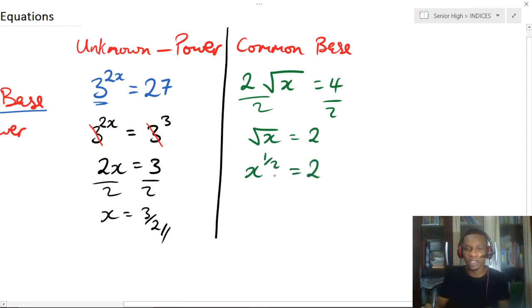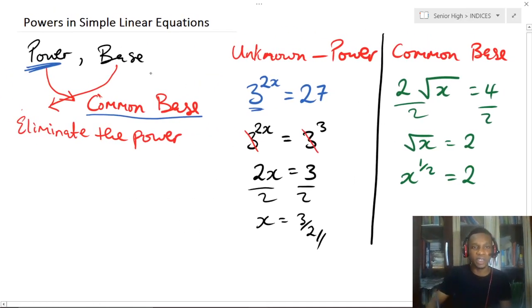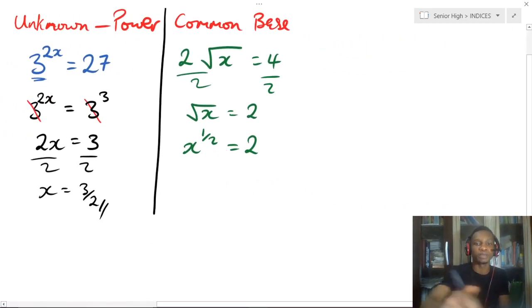Then what do I do next? Remember I told you, when you have a base, I said do what? Eliminate the power. Sorry, I'm cancelling that. I said eliminate the power. So notice something here. We have the power here, right? This is the power. Now we need to eliminate this power. But in mathematics, you don't just take things off like that.